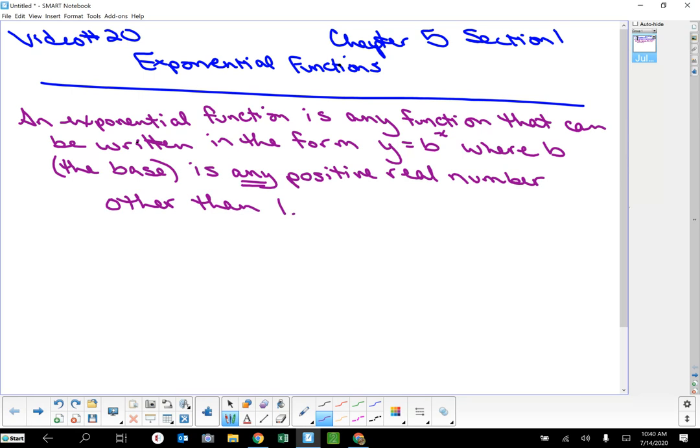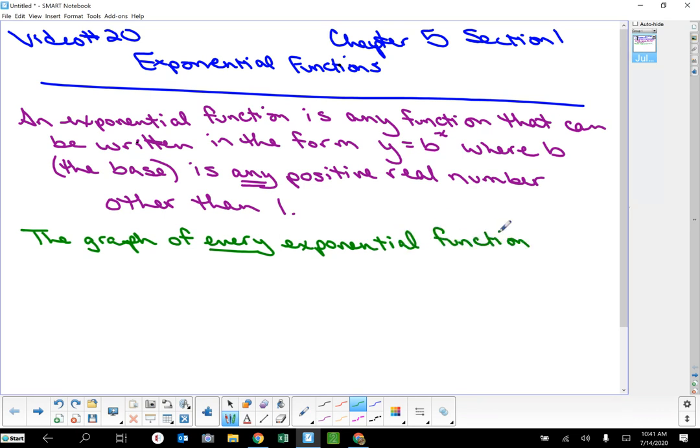Okay, the other thing that you should know, while we are not graphing, you should know something about all of their graphs. The graph of every exponential function has two things in common.